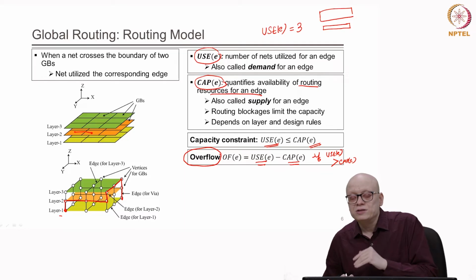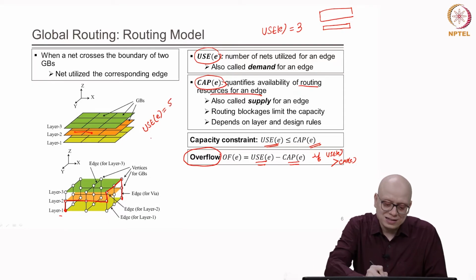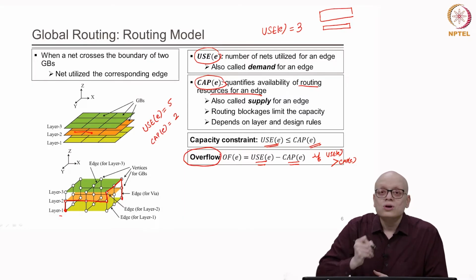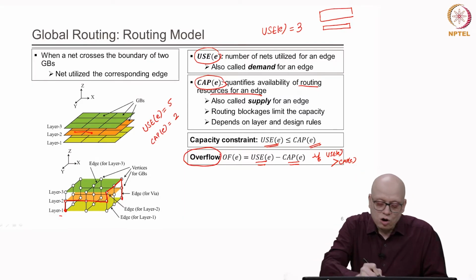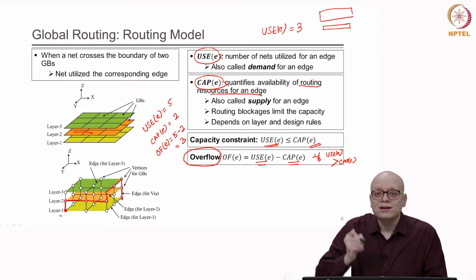How much the overflow is, is defined by the difference between them. For example, suppose for an edge, the use of that edge was 5 and the capacity of that edge was 2, then what is the overflow? The overflow in this case will be 5 minus 2, that is 3, right.